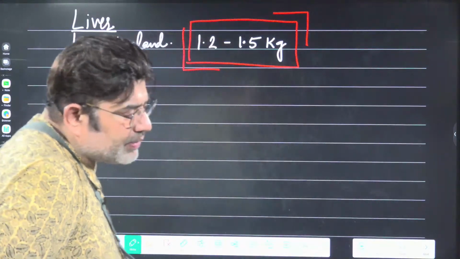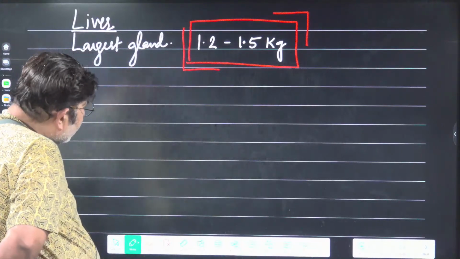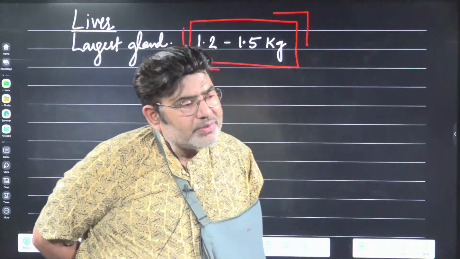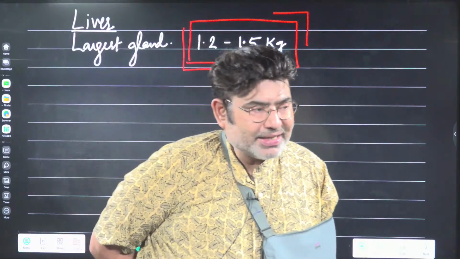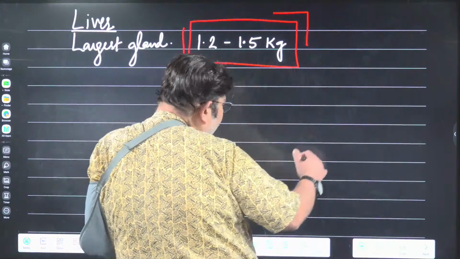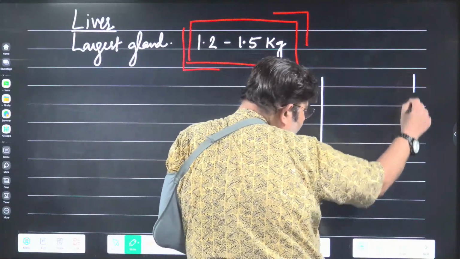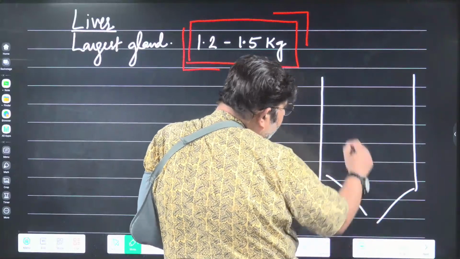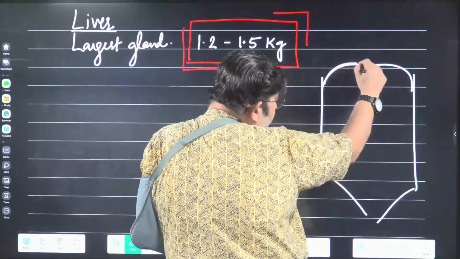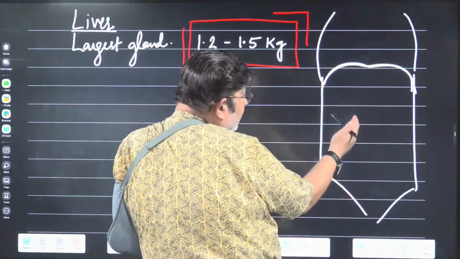So it is a big sized organ. Now, is it present on the right side or the left side of the abdomen? It is on the right side. If I divide the abdominal cavity into 4 quadrants, this is the pelvis, this is the diaphragm, and this is the thoracic cavity and abdominal cavity.